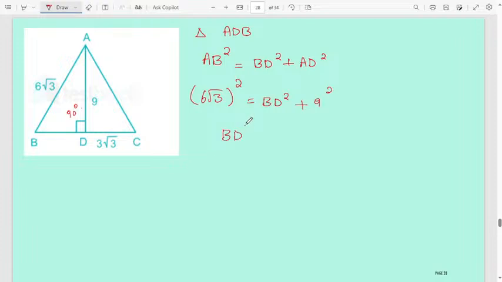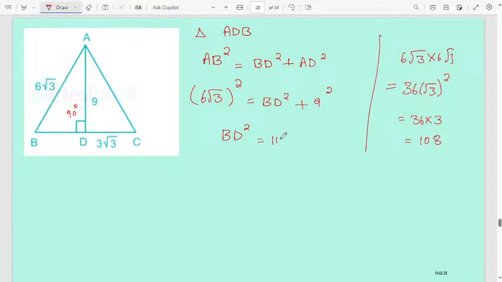Then BD square is 6 root 3 into 6 root 3, which is 6 sixes are 36, root 3 whole square means 36 into 3, which is 108. Here you can directly write 108 minus 81. Then BD square will be 27.